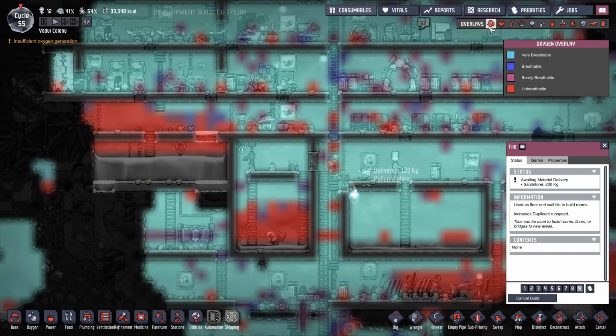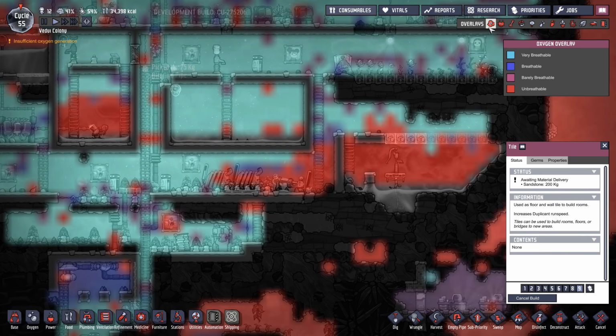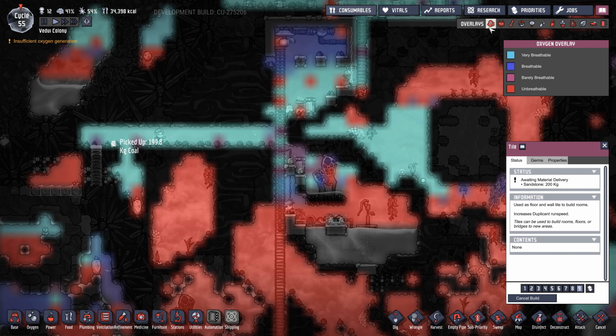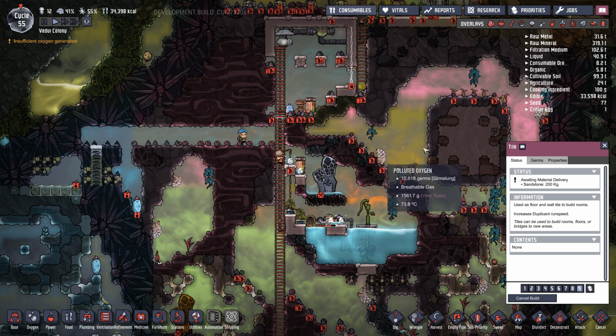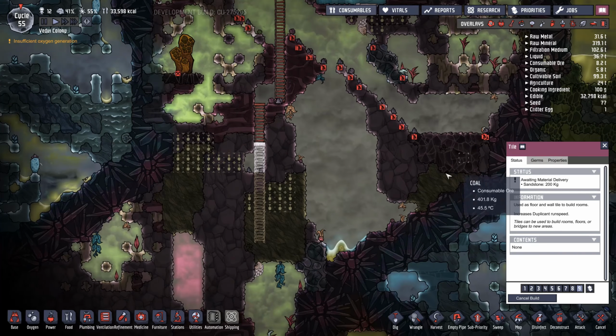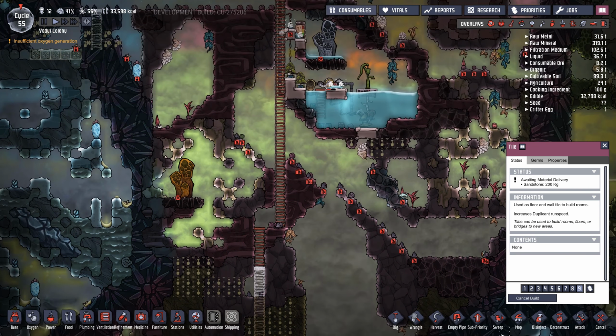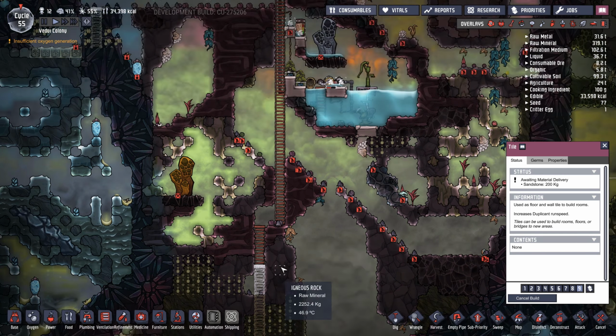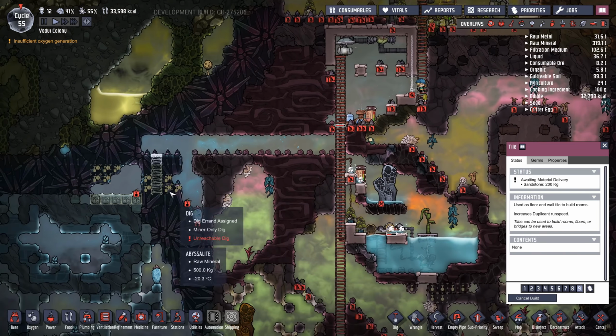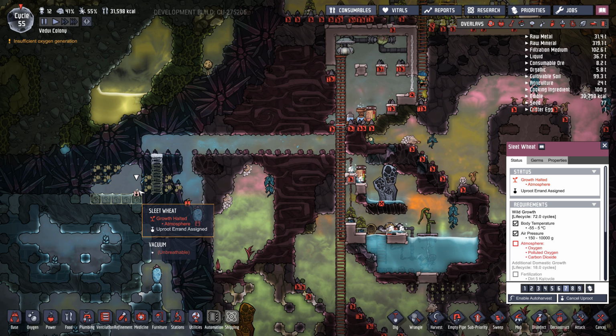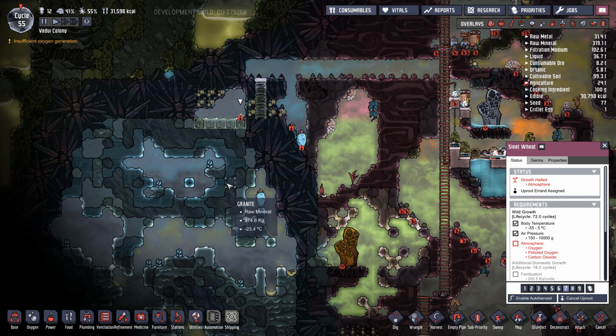Okay, let's have a quick look at, yep, oxygen and everything is fine. And not a big problem here. Getting the coal. Bit of an organic problem. Okay, this is the next. I'm going to have to get this algae after I get... So another thing, I was looking for this sleet wheat, and I found it. I didn't realize it was here.